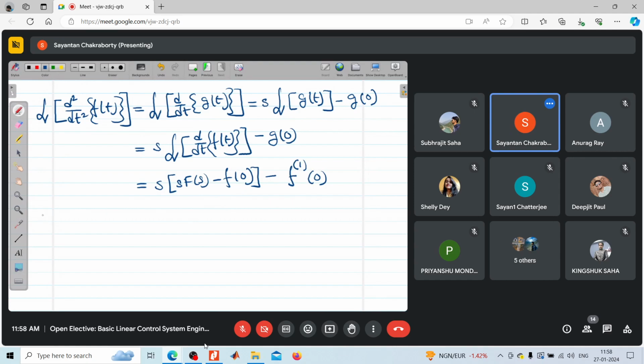So the Laplace transform of d²/dt² f(t) will be s²F(s) minus s f(0) minus f'(0). Okay, followed?